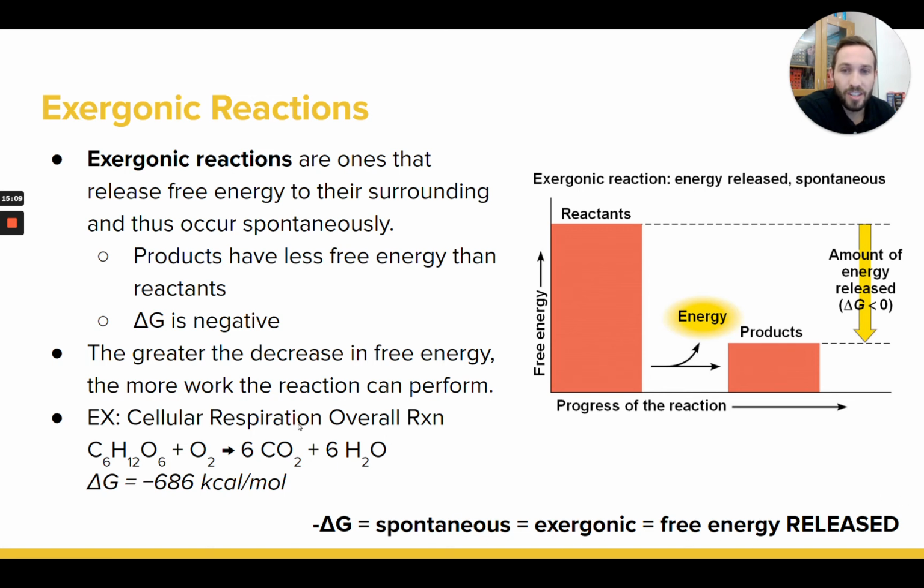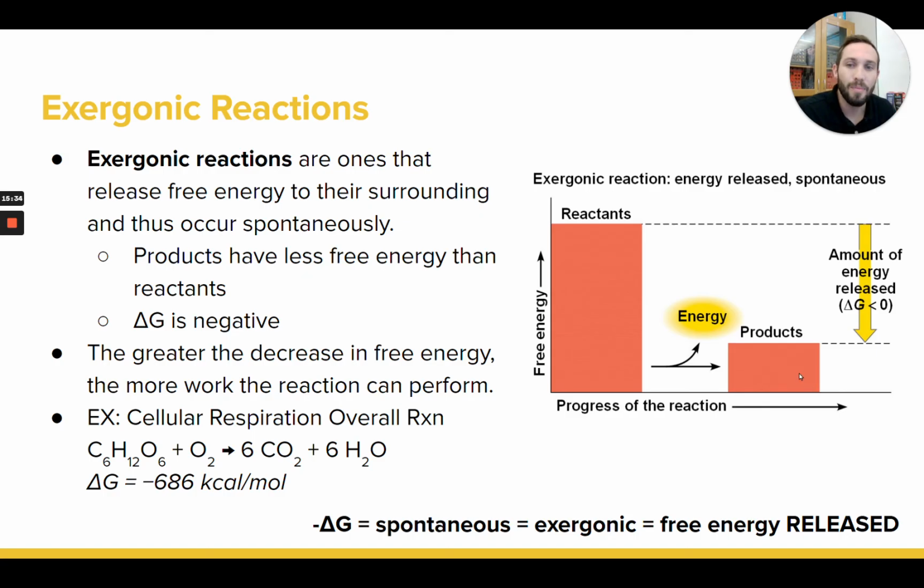Cell respiration is a good example of this. In cell respiration, the reactants, which are glucose and oxygen, have kind of a lot of free energy, because glucose, like I showed you earlier, is a larger, more complex molecule. The universe hates that. There's a lot of energy in that molecule. But the products are CO2 and H2O, which are very small, simple molecules.